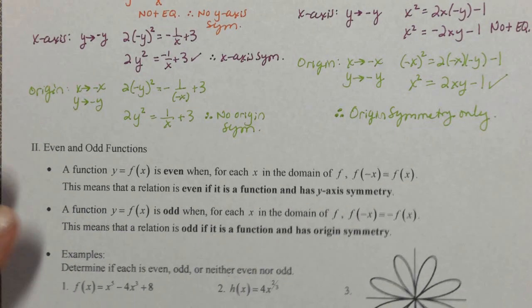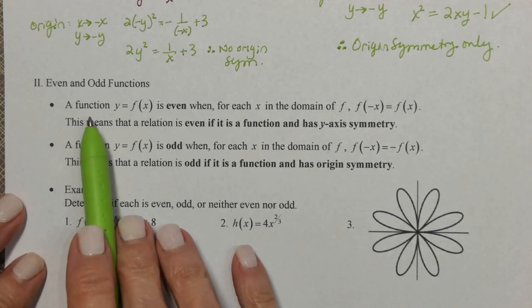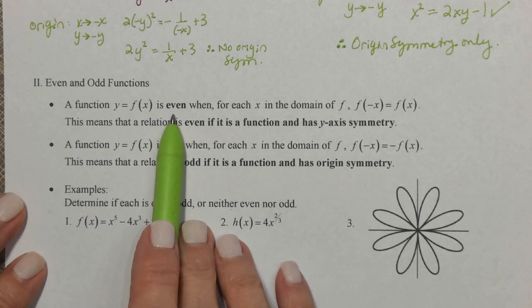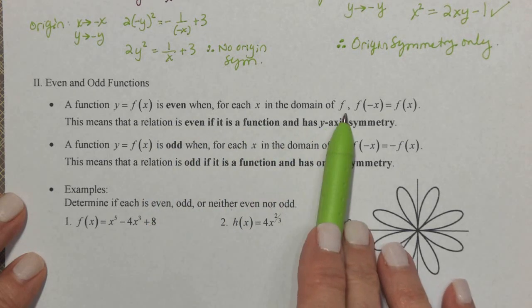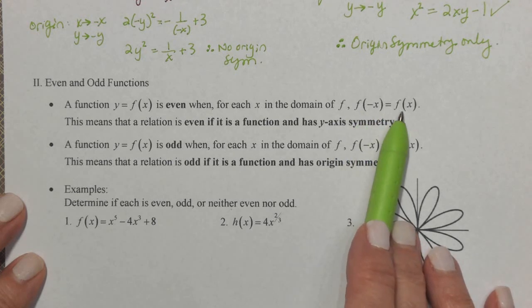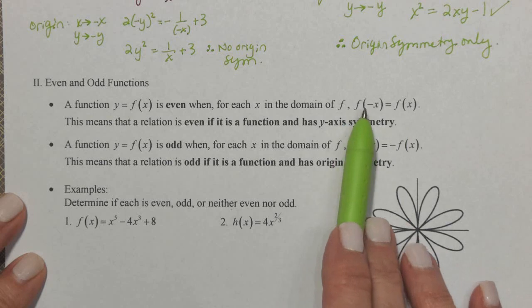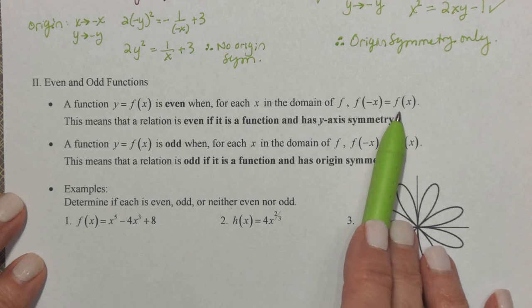All right. Even and odd functions. A function is even when, for every x in the domain of f, f of negative x is the same as f. Replacing x with negative x gives you back your original function.